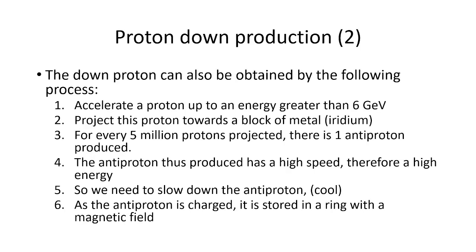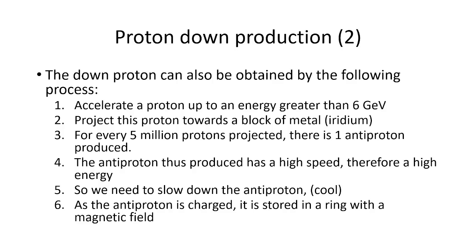Proton down production 2. The down proton can also be obtained by the following process. 1. Accelerate a proton up to an energy greater than 6 GeV. 2. Project this proton towards a block of metal, iridium.